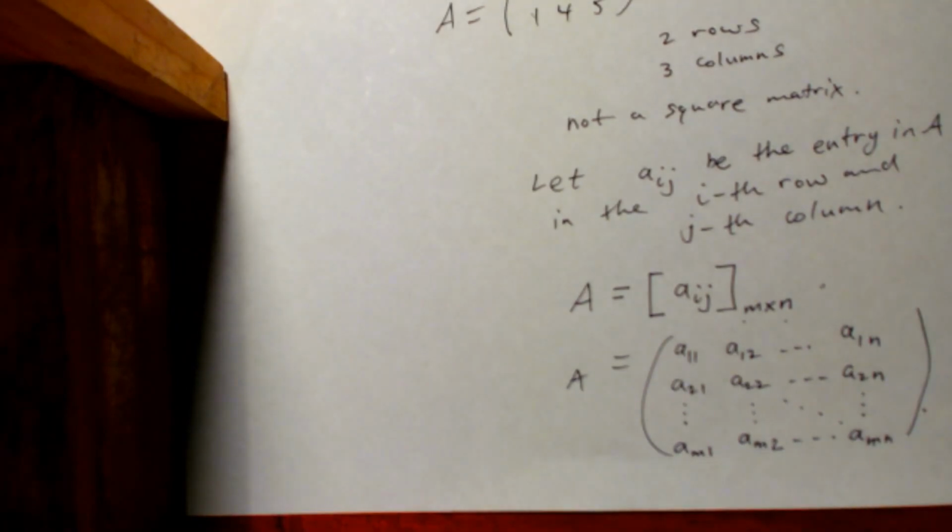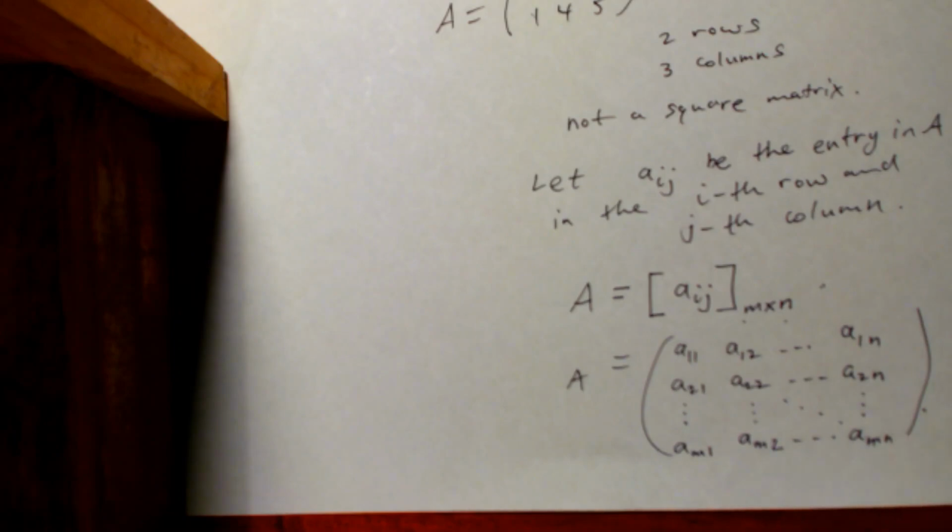Now you might be asking, why don't we instead use A, B, C, D, E, F, G, H, I, J, K, L, M, N, O, P, Q, R, S, and so on? Well, the reason is that there are only 26 letters in the English alphabet. That's not enough to represent, say, a 5 by 6 matrix. 5 times 6 has 30 entries, and 30 is greater than 26, so you run out of letters.